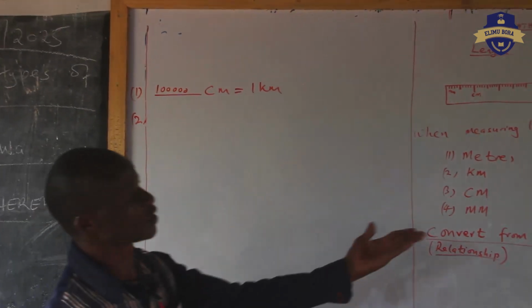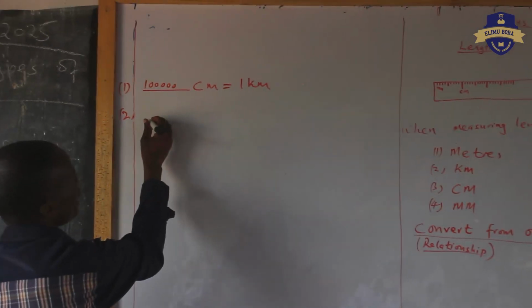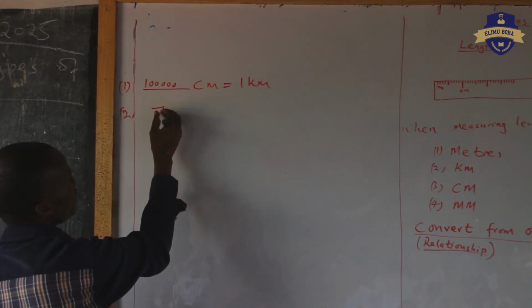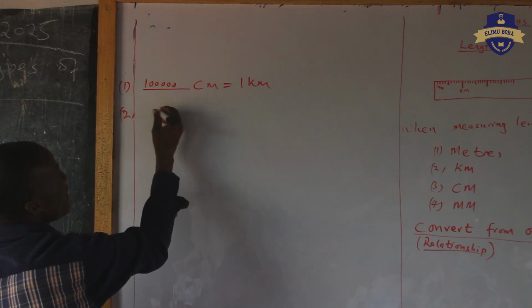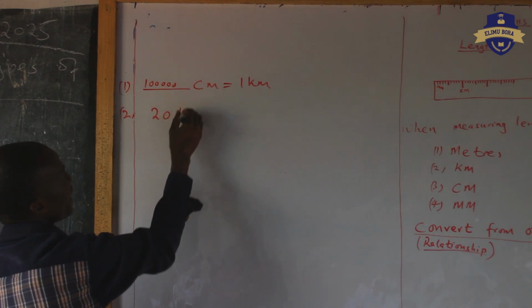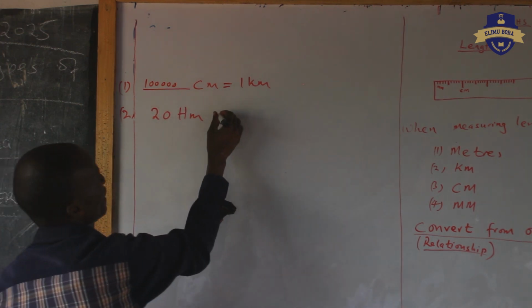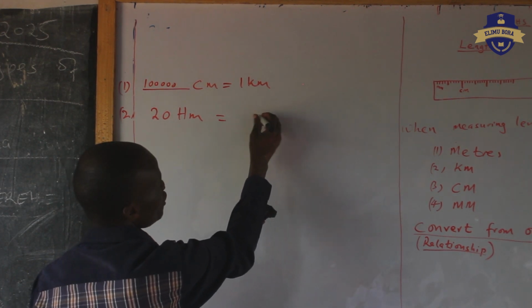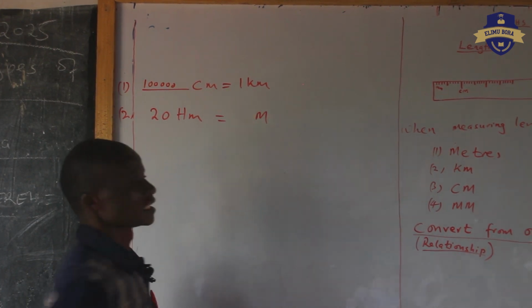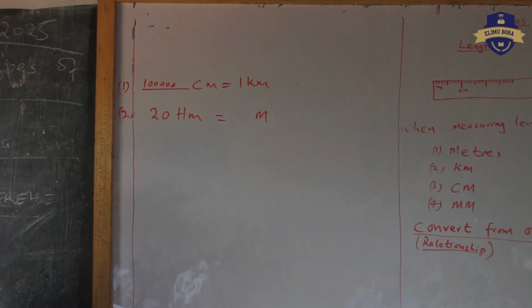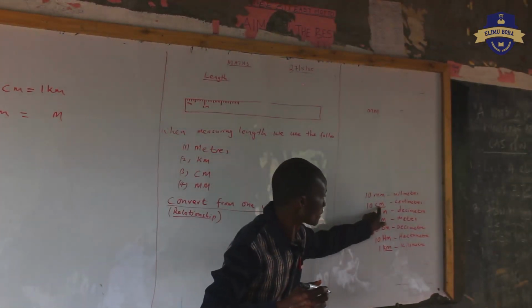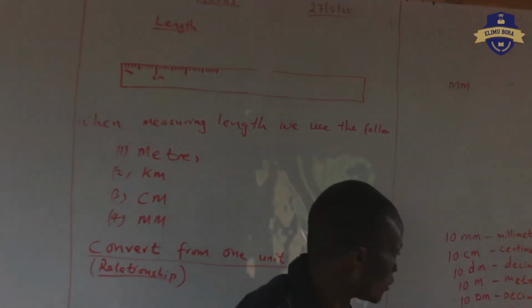If somebody asks you the relationship between change, let's say 20 hectometer into what? Into meters. Change it into meters. What are we going to do? Step 1, you underline what?